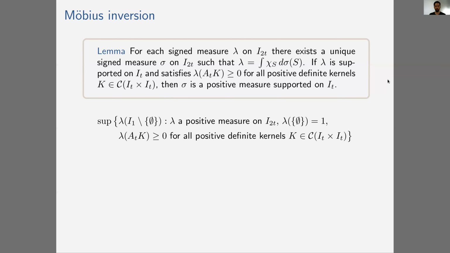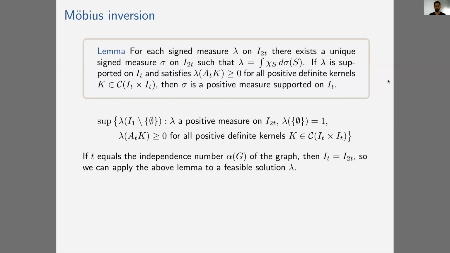Okay, so here's again the hierarchy, just the same as on the previous slide. If t equals the independence number alpha of G, then I sub t is just going to be equal to I sub 2t, right? There are no more independent sets. That means that we can immediately apply this lemma.